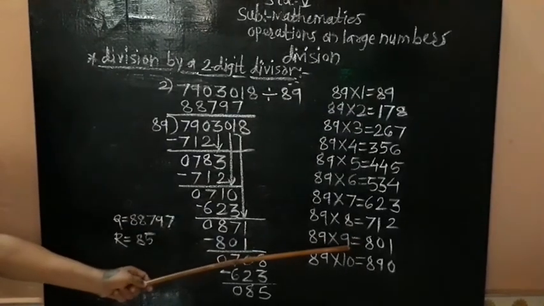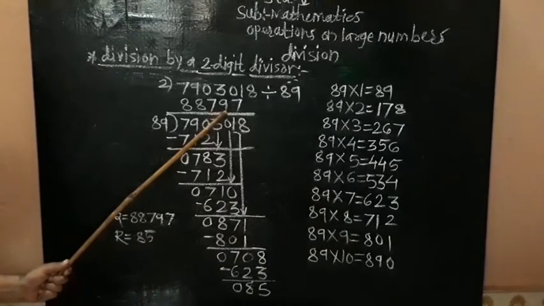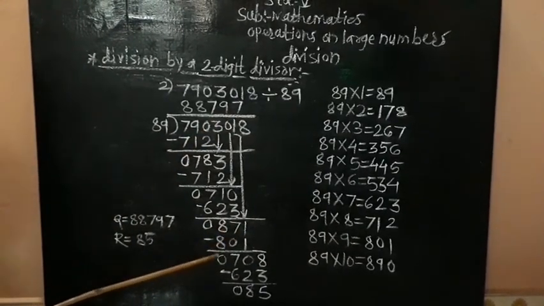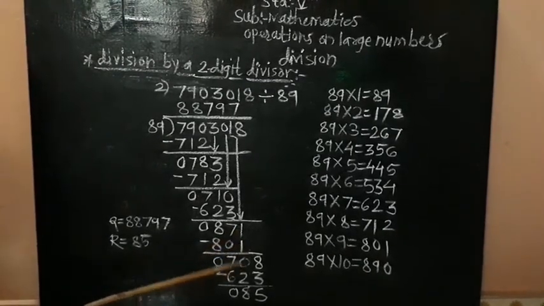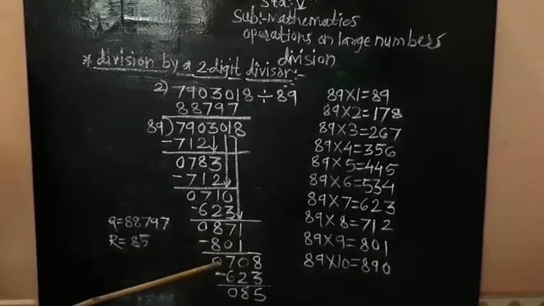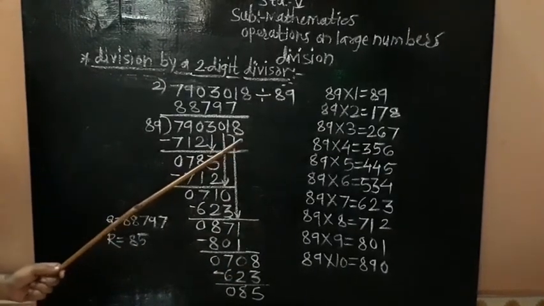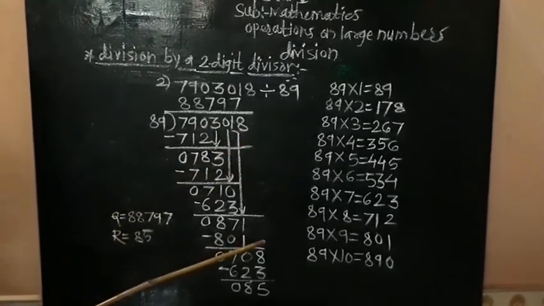It is the 9th place, so I write quotient 9 here. So 871 minus 801: 1 minus 1 is 0, and 8 minus 8 is 0. What is the next step? Bring down the next number. The 8 is the next and also the last.